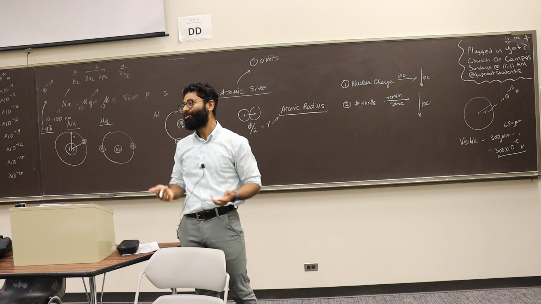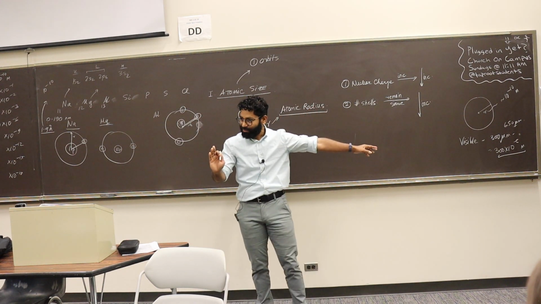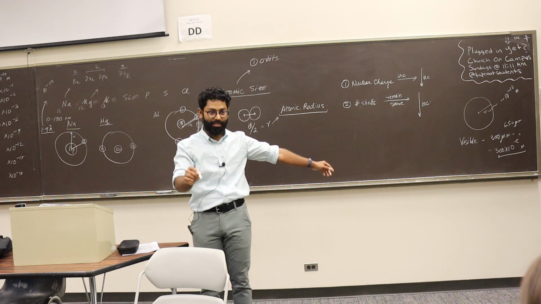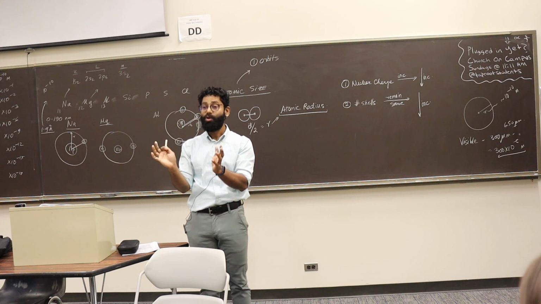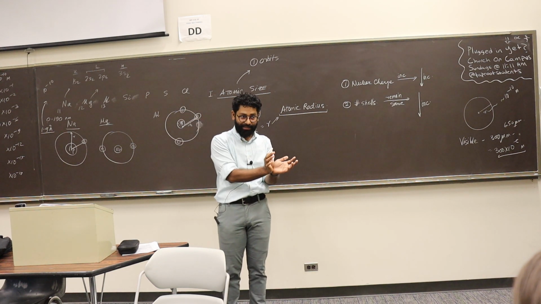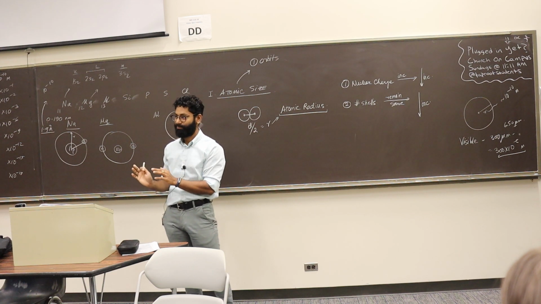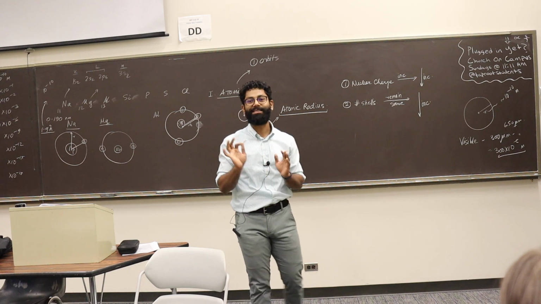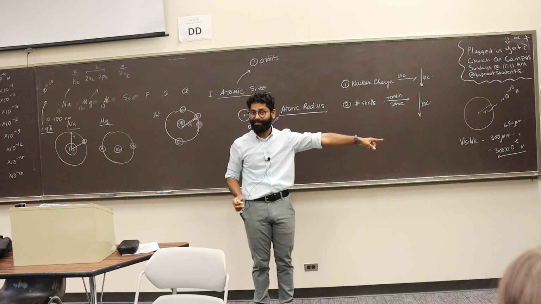So your eyes cannot see atoms because your eyes can only see those things that visible light can interact with. Now, visible light can only interact with things which are that size or greater.